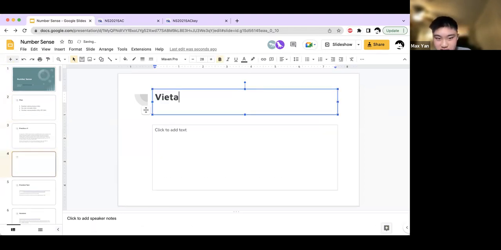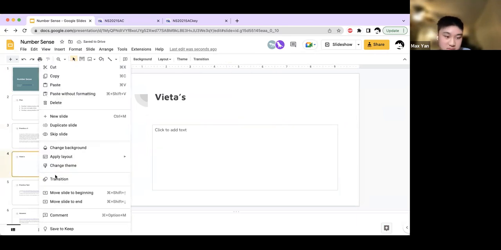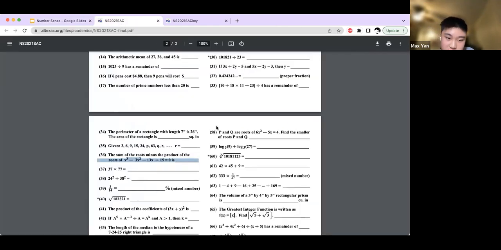Essentially, the sum of the roots would be the coefficient of the second term divided by the coefficient of the first term, and then the additive inverse of that.